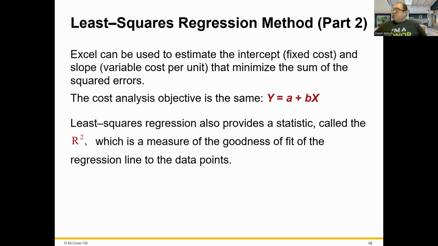The R2 tells us the percentage of the variation in the dependent variable, or cost, that is explained by variation in the independent variable, or the activity. It varies from 0 to 100%. The higher the percentage, the better.